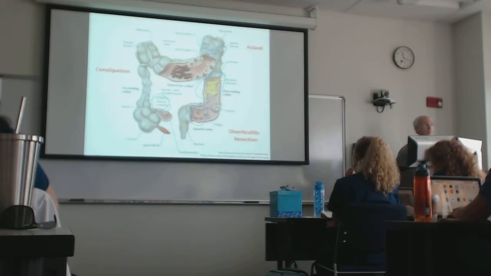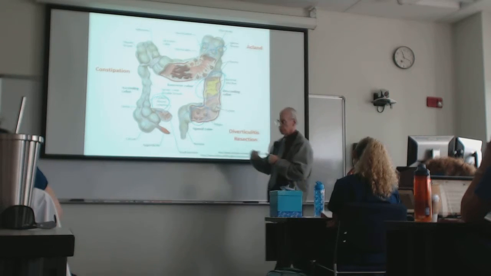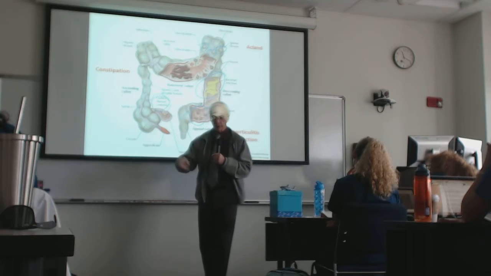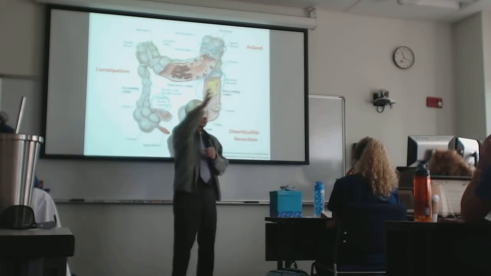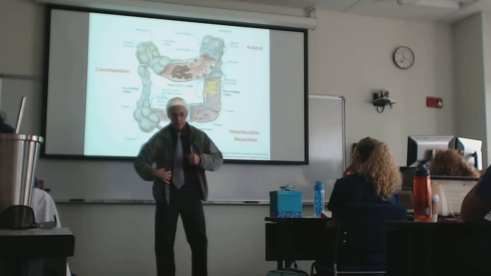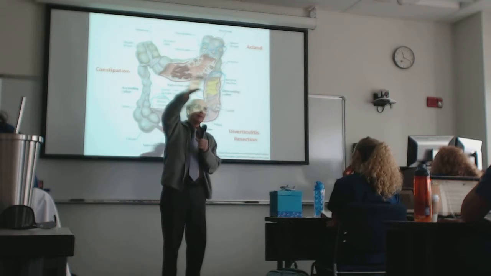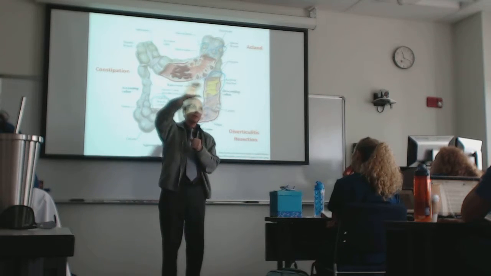Yes? Did you say that the taenia coli turns into...? No. So what we're going to find, when we talk about the layers of the GI tract, is that if this is the interior of the GI tract, which sometimes we feel that it is, you're going to have the lumen, then the mucosa, which contains the epithelium and some of the glands and so on.